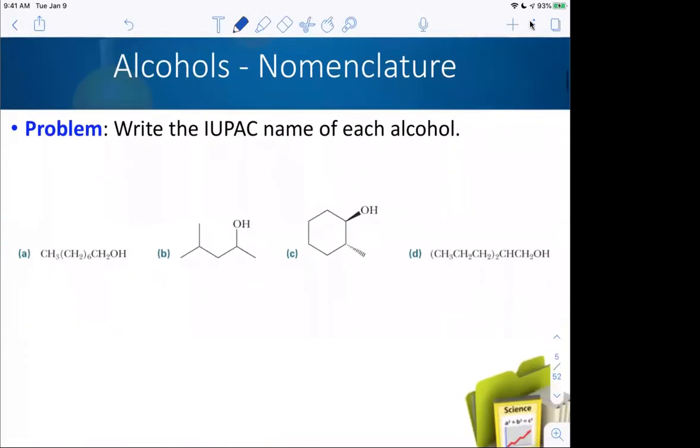All right, so here's an example. Write the IUPAC name of each alcohol. Okay, so in this first example, we're going to notice that we have this CH2. So there's 6, 7, 8 carbons. So basically it's 1, 2, 3, 4, 5, 6, 7, 8.